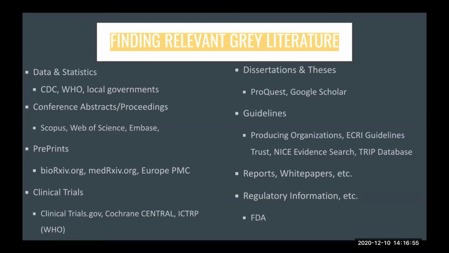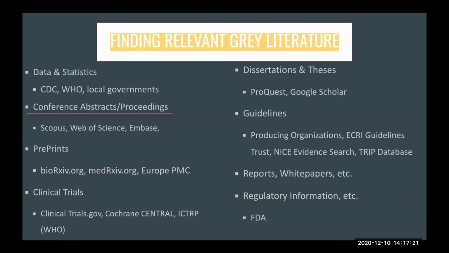You might realize that you want population data and statistics, and again, it comes down to who is producing that information. Typically the CDC and the WHO are places that in the healthcare realm we might go for information like that. Conference abstracts and proceedings are an easier form of gray lit, in that we do have databases that we pay for.